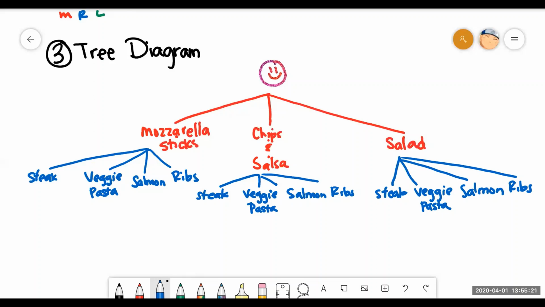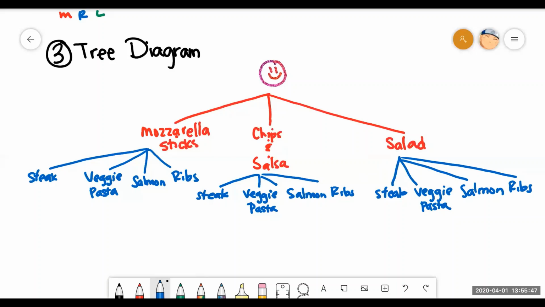In other words, if I choose mozzarella sticks, it doesn't only offer me certain choices for my main dish because I picked mozzarella sticks. If I decided against mozzarella sticks and chose salad, it didn't mean that I was offered different options for my main dish. No matter what I chose in the red, I had the same opportunities for choice in the blue.